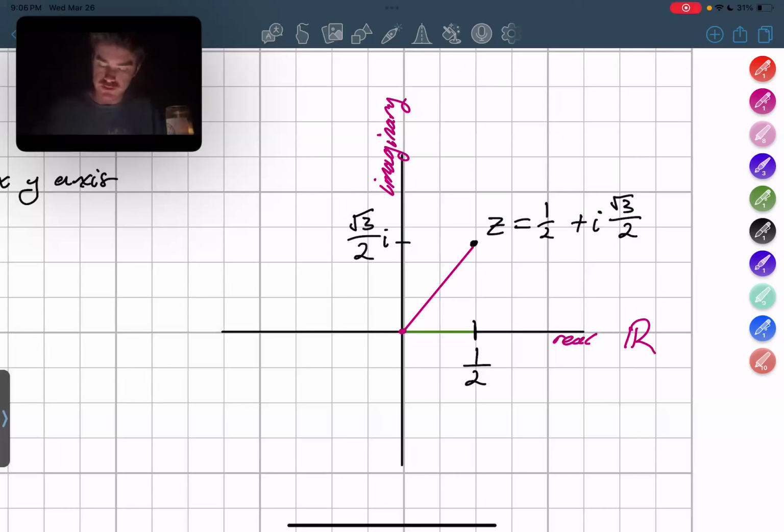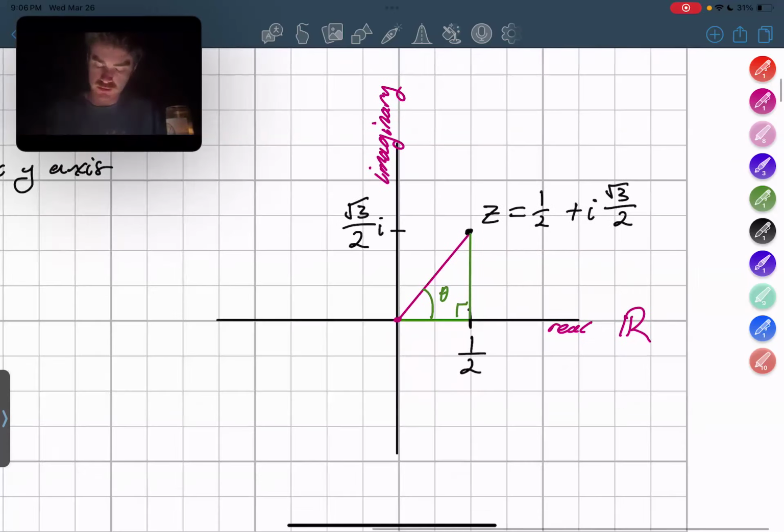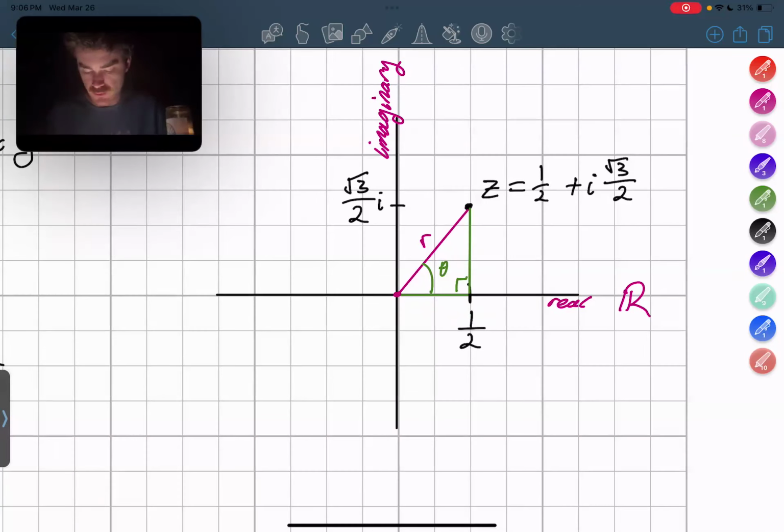So this does a few things for us. First off, it creates this angle theta right here. And secondly, it creates what some of you may recognize as a right triangle. And right triangles have all lovely properties. But before we get into that, I'm going to name this line r. And what do we know about r?